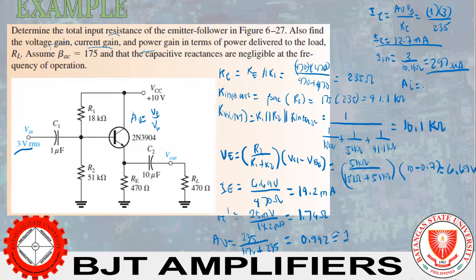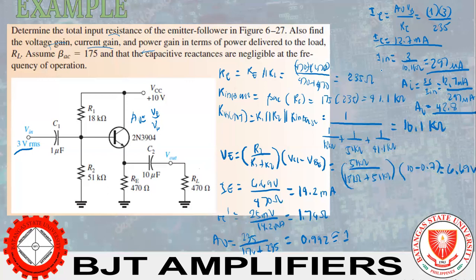Okay, so current gain natin is IE over IN is 12.7 milliamperes over 297 microamperes. So, 'yung AI natin would be equal to 42.8.